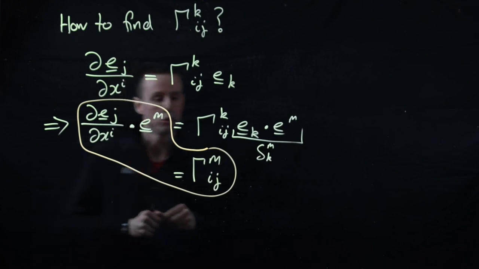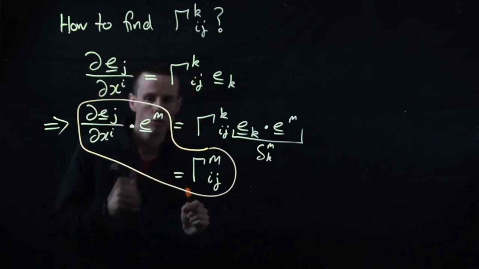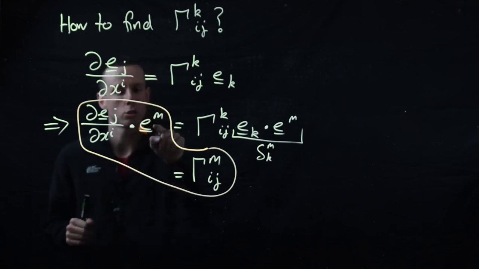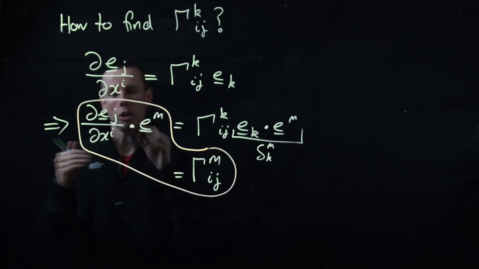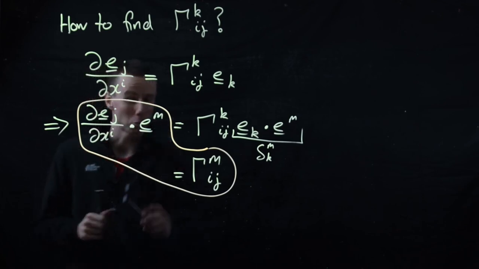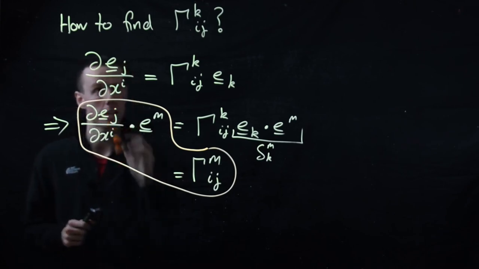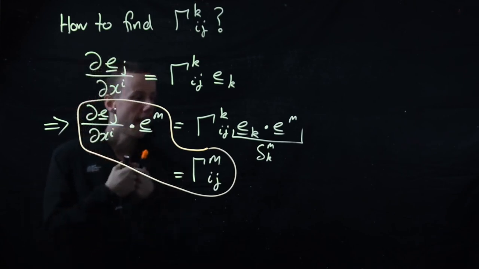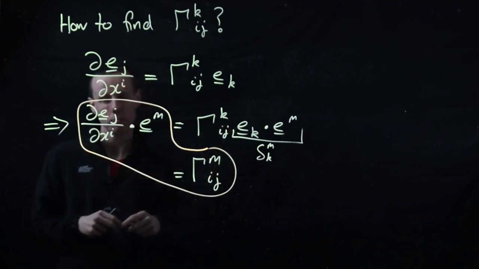To do it, you need to know what your natural basis vectors are for your coordinate system. You need to know what your reciprocal basis vectors are. You need to be able to take this derivative, which may or may not be so straightforward. It's straightforward if you know how to express these basis vectors in terms of the Cartesian basis vectors.